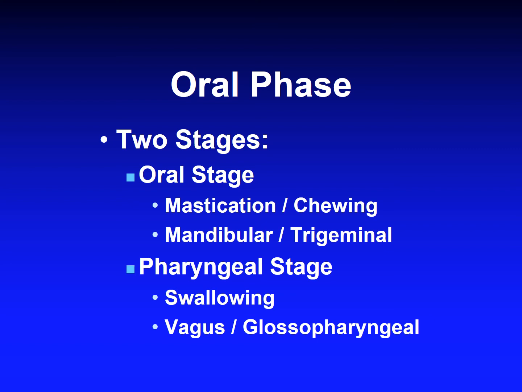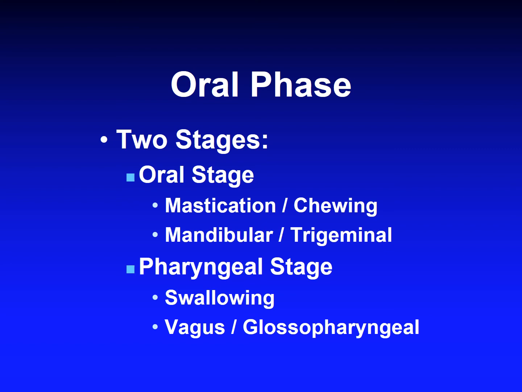The oral stage causes mastication and chewing of the ingested material, and this stage is controlled by the mandibular and trigeminal nerves.